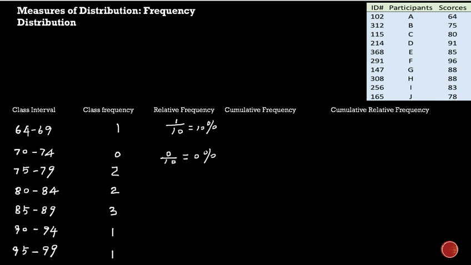For this category, the class frequency is 2, so 2 over 10, 20%.